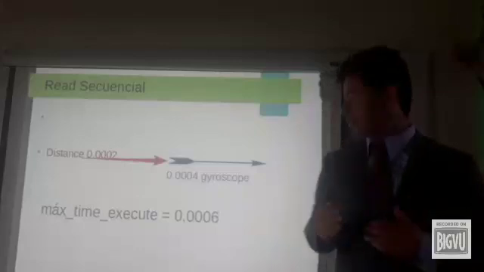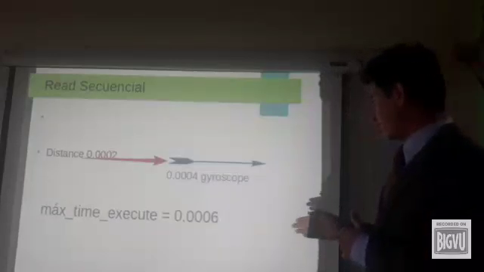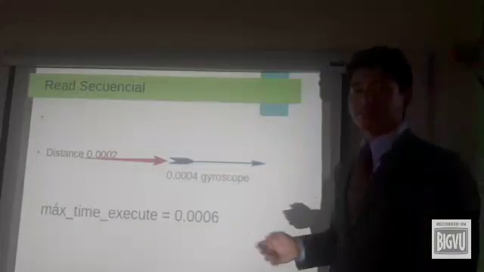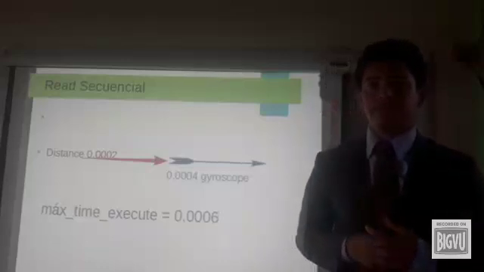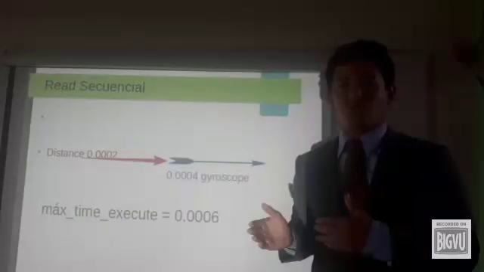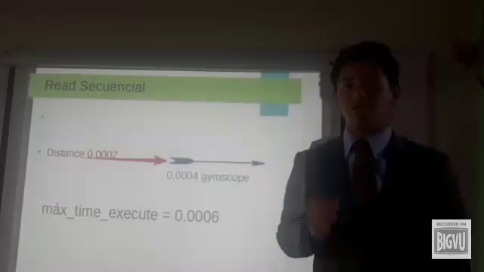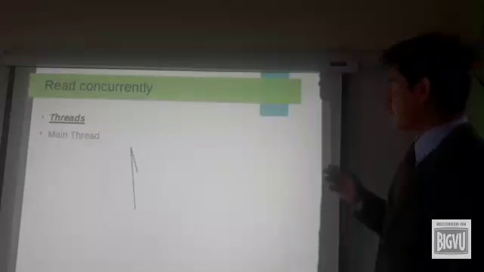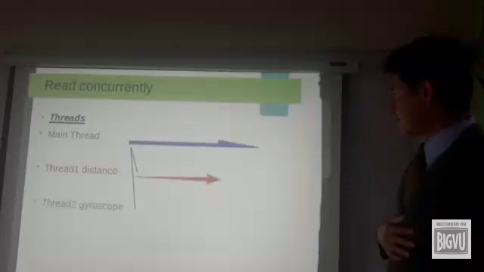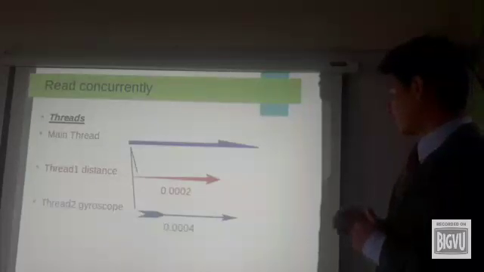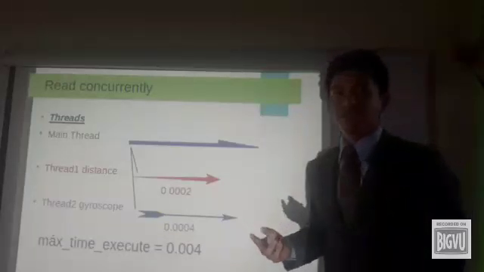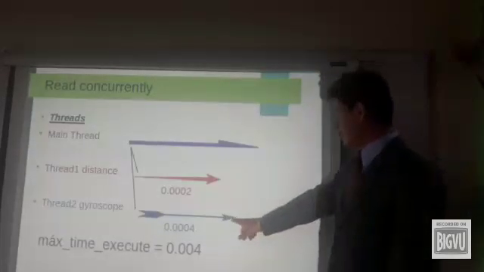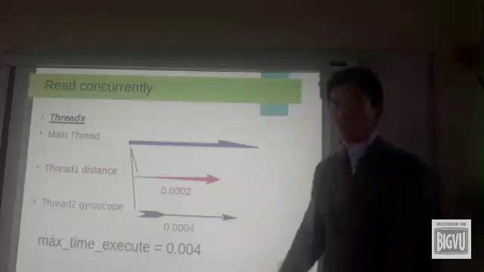The max time to execute all is 6 milliseconds. Whereas if it were concurrent, I would simply take the largest value, so the max time to execute is 4 milliseconds, because the longest time is 4.